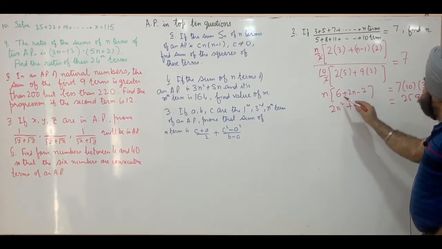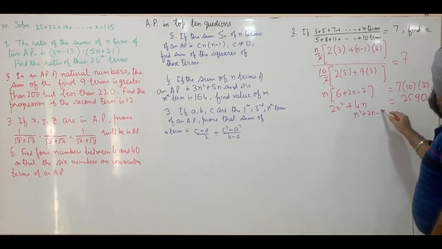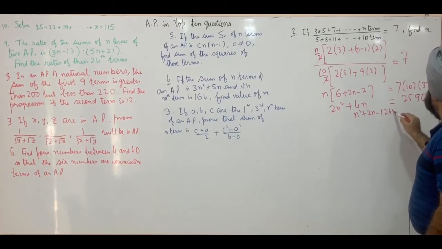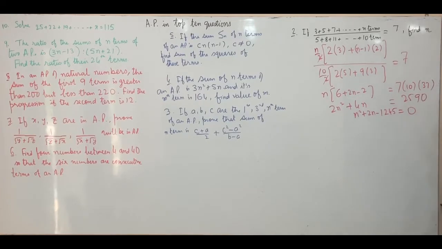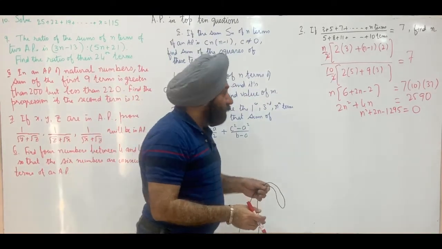This is 4n plus 2n square, dividing throughout by 2. This is n square plus 2n minus 1295 equal to 0. So we have a quadratic in n. We can use the quadratic formula to solve this quadratic.